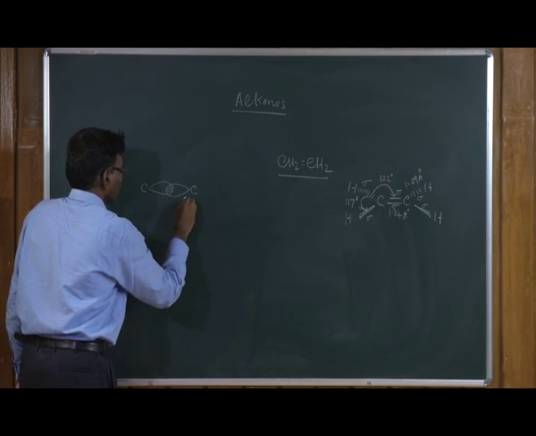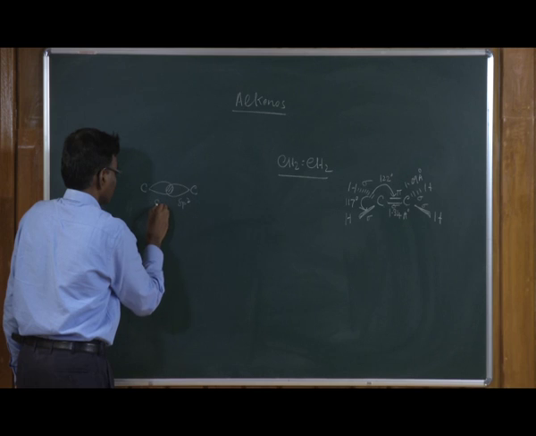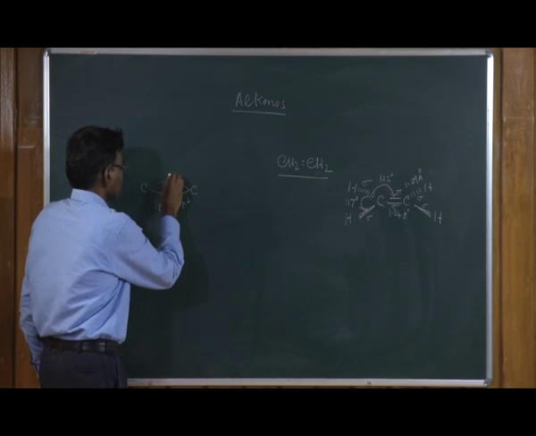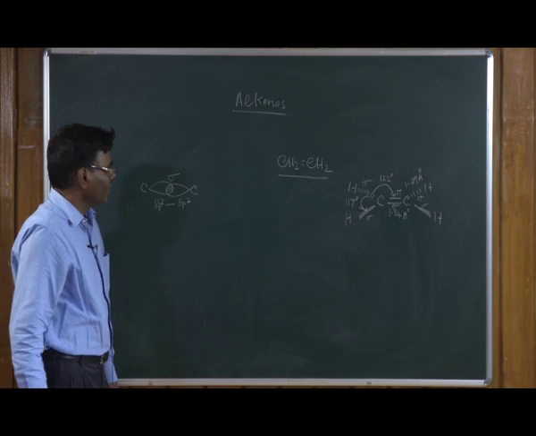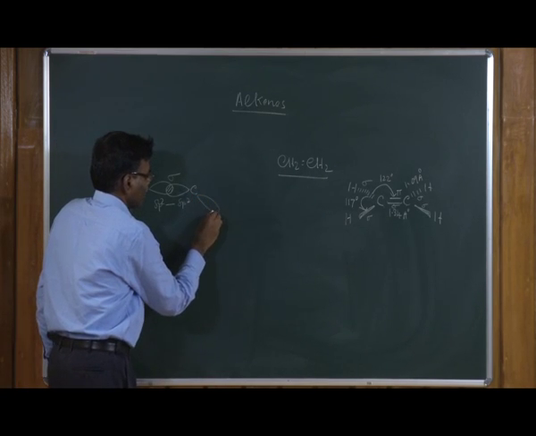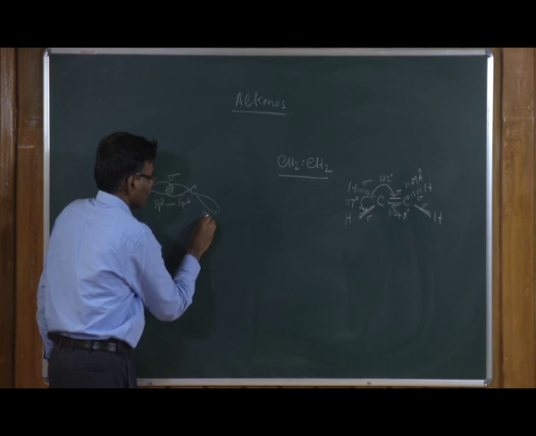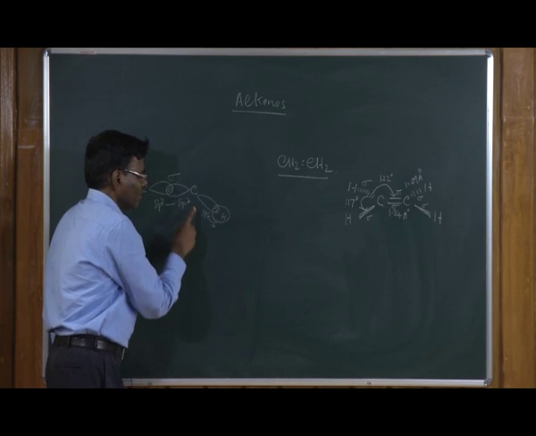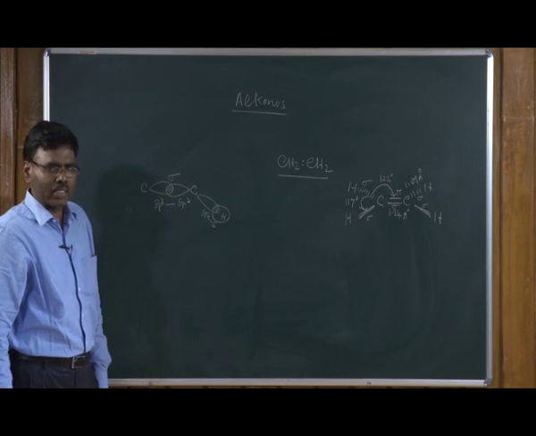This sp2 of this carbon with another sp2 of this carbon overlapping takes place and gives this sigma bond. And similarly, the overlapping of this sp2 hybrid orbital with hydrogen s orbital generates the carbon-hydrogen sigma bond.